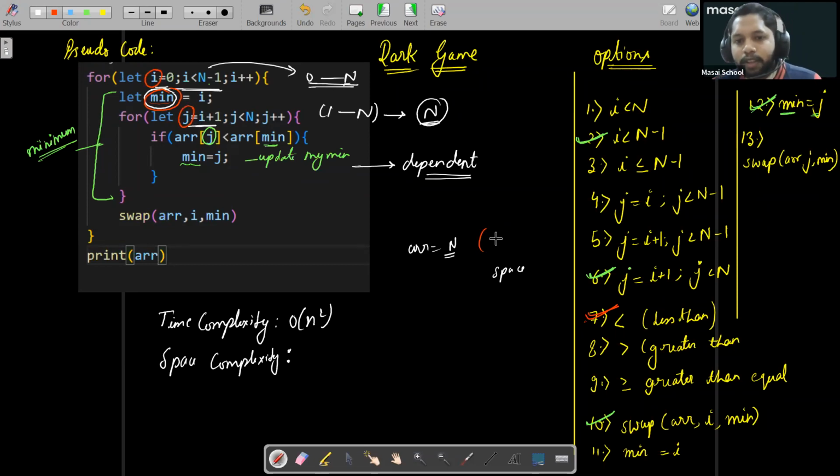You are storing only values here, not a complete array. If you were storing an array of 10 size, then an array of 100 size, your space would be changing with the size of the input. But here, if the size of the array changes, simply the values will change, not the size. So the space complexity will be constant, big O of 1.